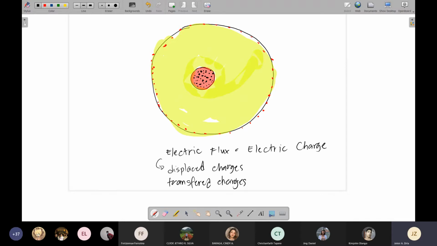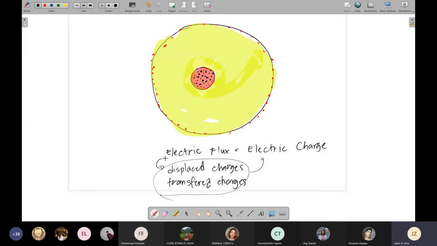So that's why we have these terms, so as to differentiate between what is an electric charge and what is an electric flux. When you say electric charge, it means those are the charges that were present in that object and did not undergo any displacement or any transfer. But when you say electric flux, those are charges present in that object that were displaced or transferred. So they were not originally there, but were just displaced onto that object.